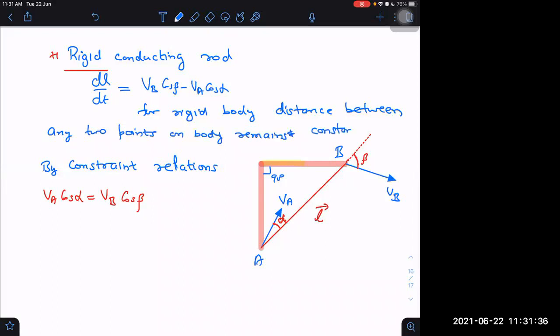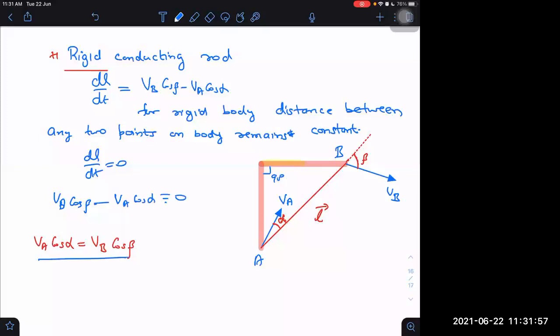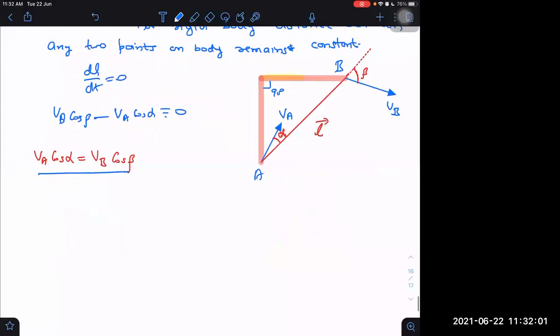And because the distance remains constant, therefore I can say dl by dt will be 0. If it is 0, then I'm indirectly getting this relation: VB cos beta minus VA cos alpha equals 0. They will be having equal velocities.